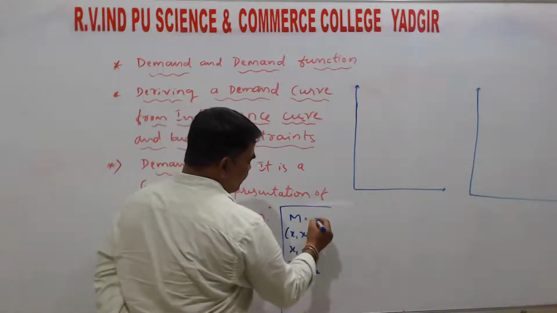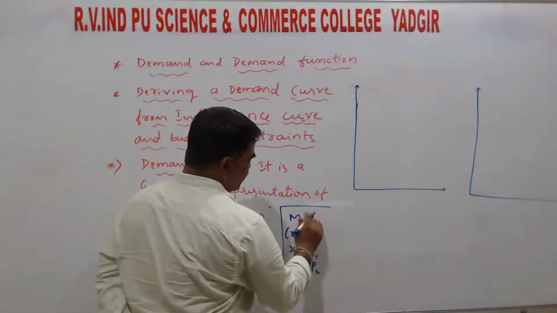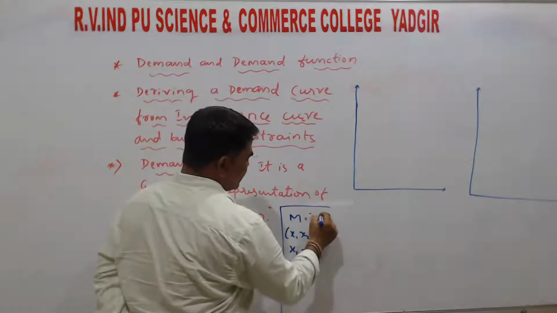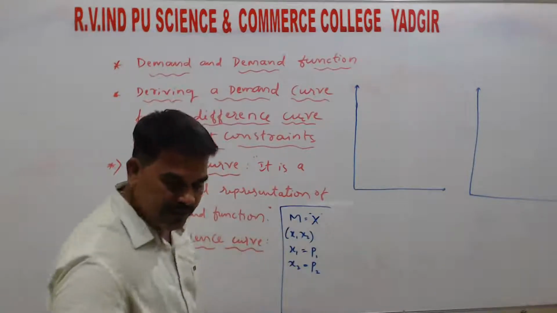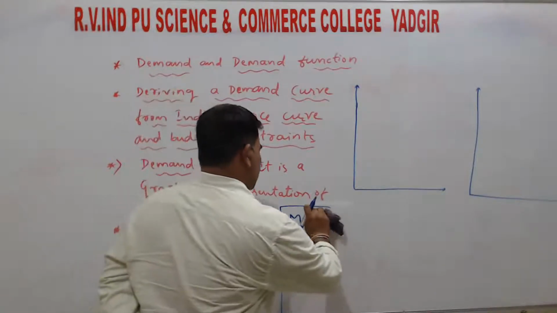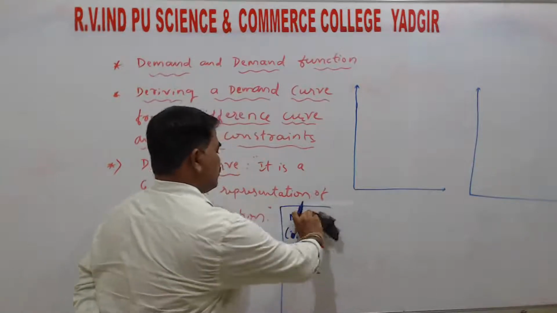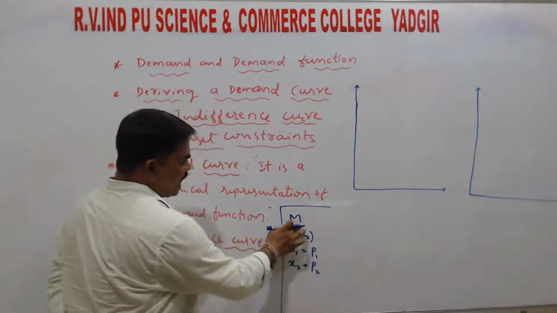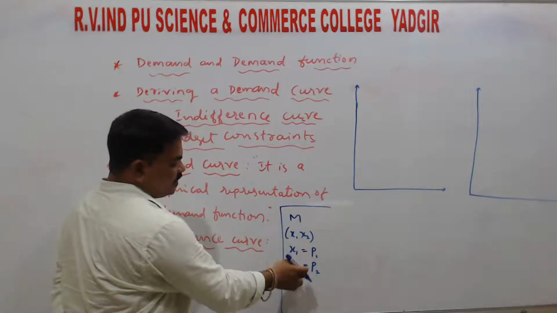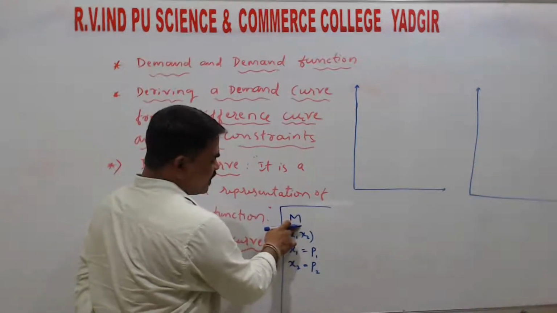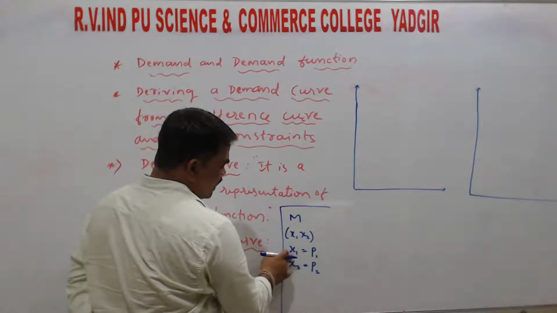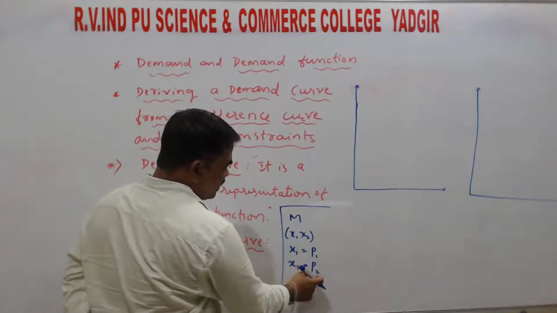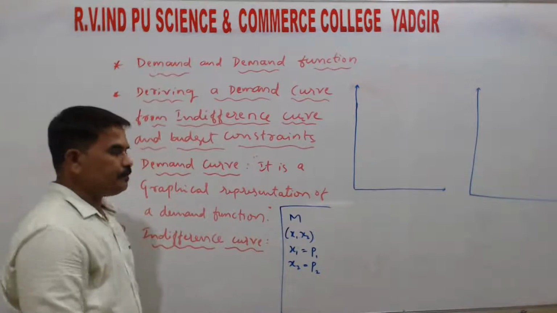Now we know the income of the consumer, we can give any number here. I'll just specify M. These are the given information. The income of the consumer we know, price of X1 good we know, and price of X2 good we know.